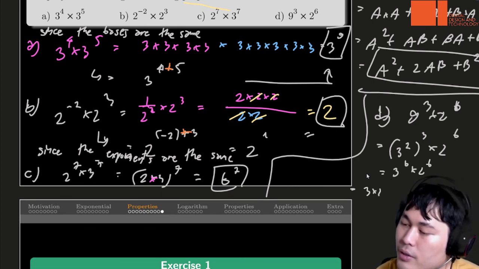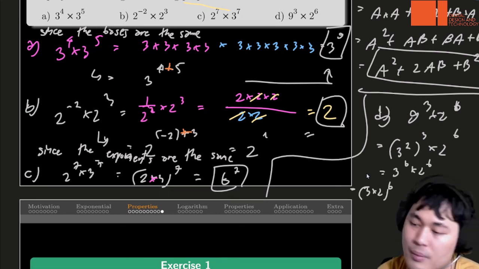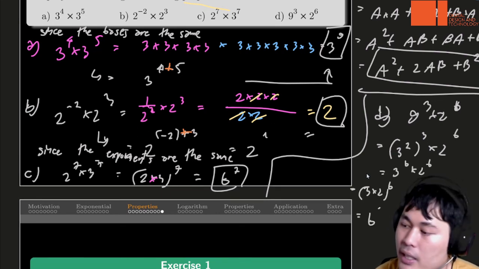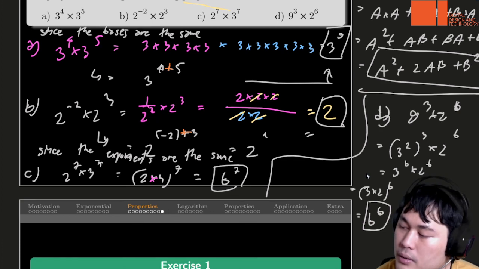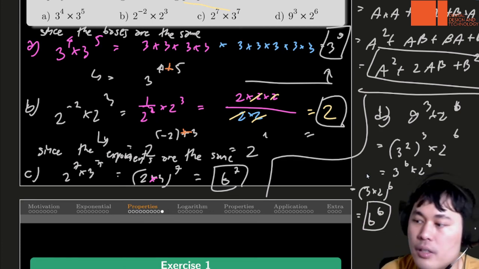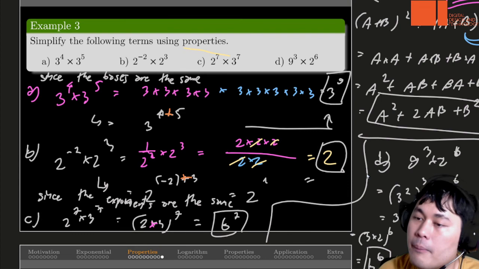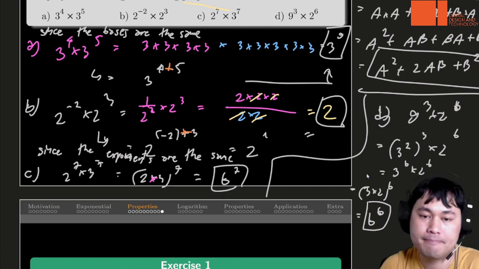So that's 3 times 2 to the 6, similar to what we have on the left. And the answer is 6 to the 6. These are the answers for this example.